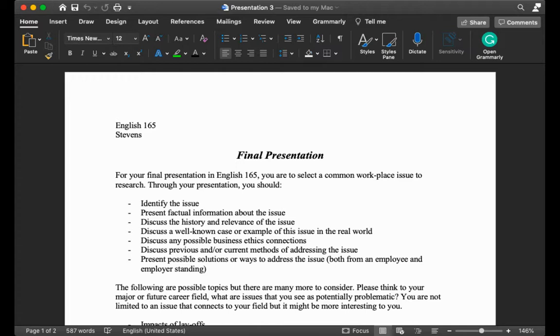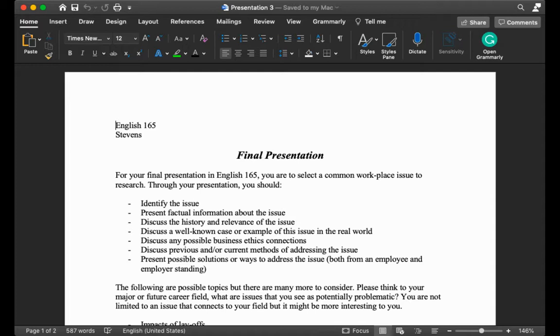So our goal here with the third presentation is to not only inform, not only to research, but to take those components and combine them and present solutions to a problem. So for this presentation, like the other two, I wanted it to be work relevant, career relevant. I wanted you to research and learn about something that may impact you in the future.